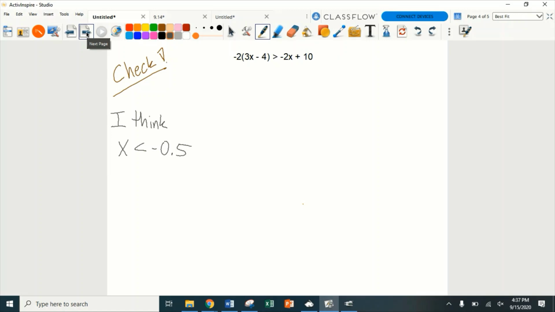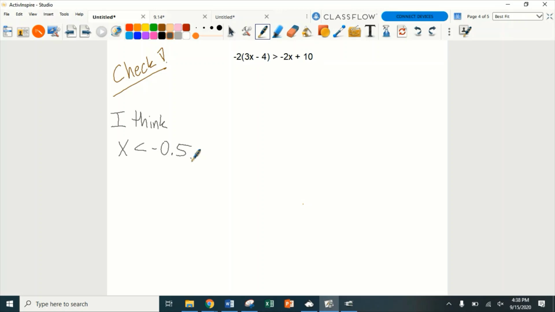But how do I plug this in to an equation? The first thing I ask myself is, can x equal negative 0.5? Well, our answer says no. X is less than negative 0.5.